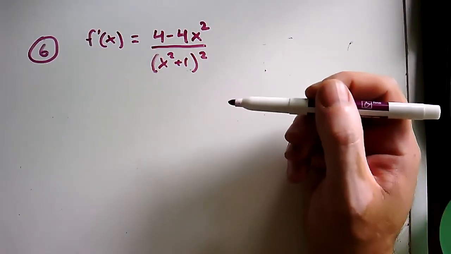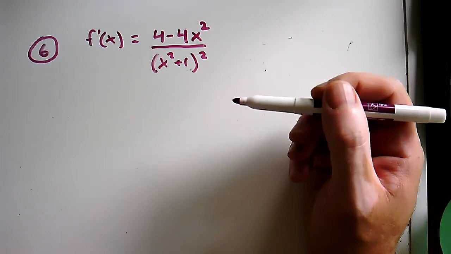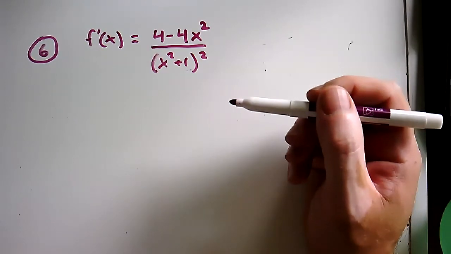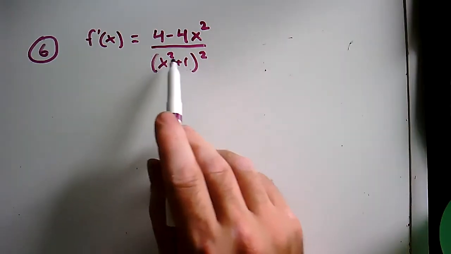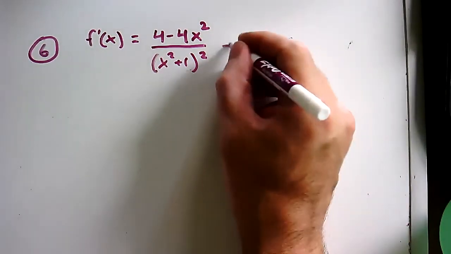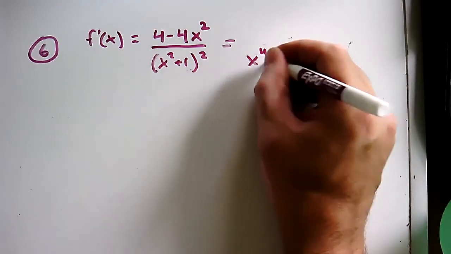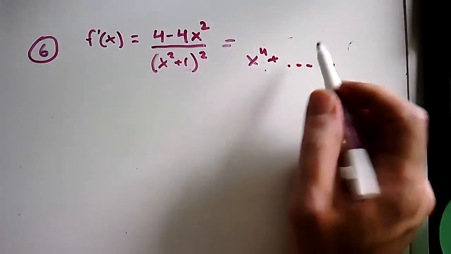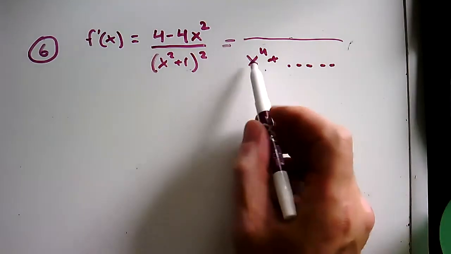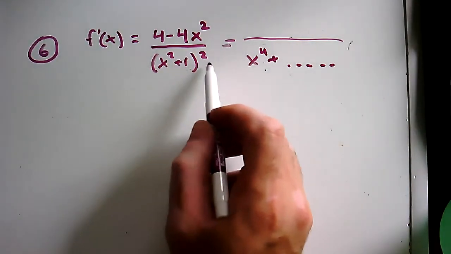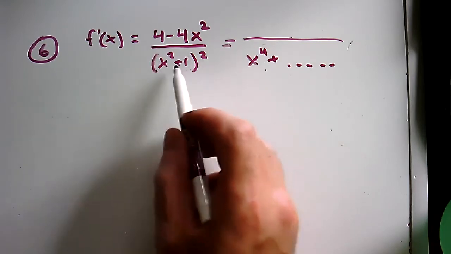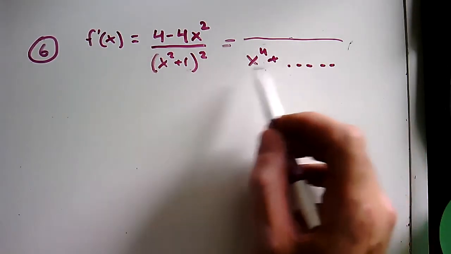If the degree of the denominator is greater than the degree of the numerator, then we'll have a horizontal asymptote at y equals 0. And without even doing much algebra, we can imagine what happens when we square out this denominator. We're going to get x to the fourth plus a whole bunch of other stuff that I don't really care about, right? The important thing is what's the highest power of x. We take x squareds and multiply them by themselves, and using FOIL here, we will get x to the fourth.